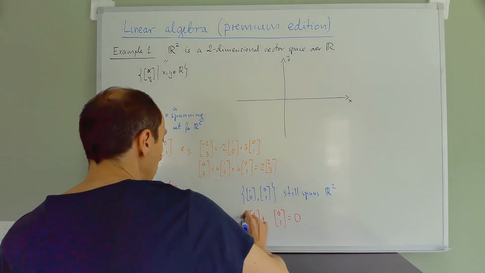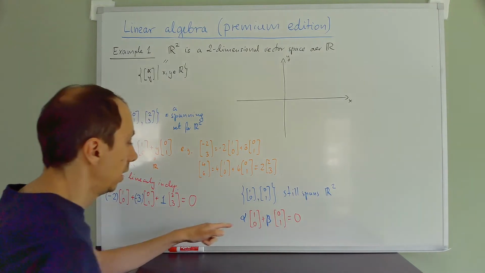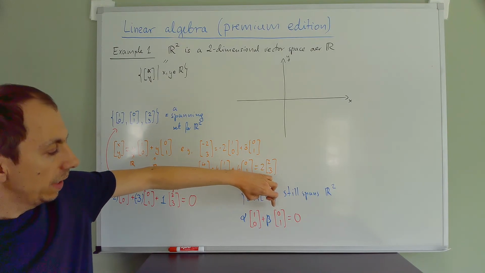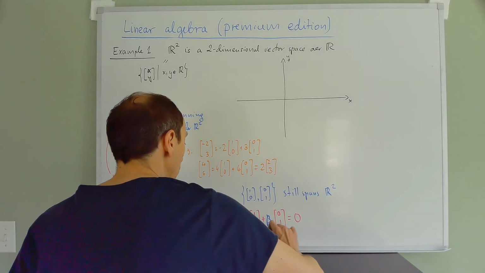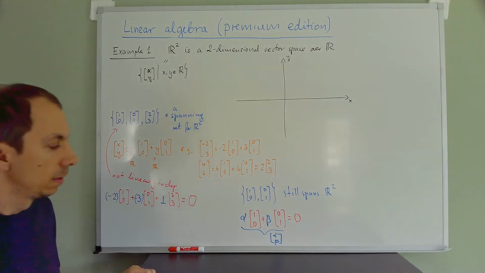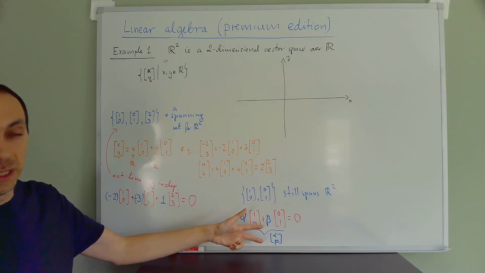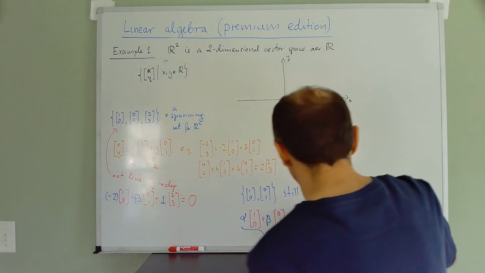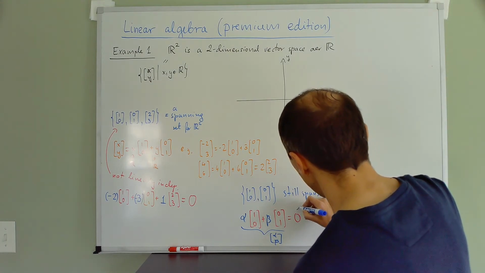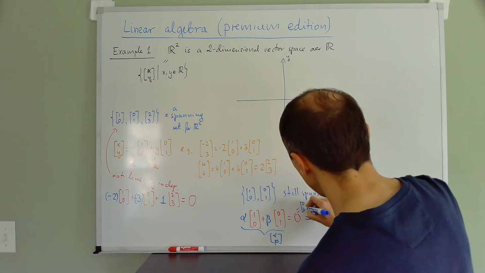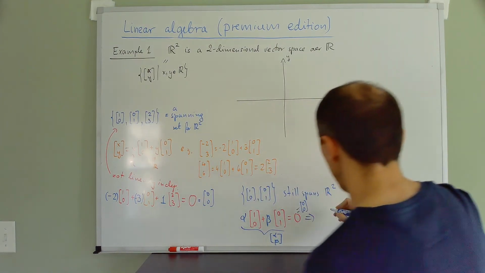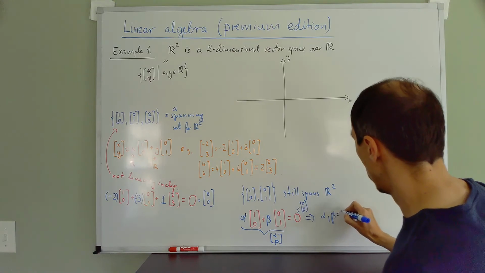Because if I chose just any alpha and any beta, this addition here will give me the vector (alpha, beta), and for this vector to be 0, you need to have alpha equal to 0 and beta equal to 0. Remember, this 0 really is the 0 vector, right? It looks like this. Same here. So this implies that alpha and beta must be 0.